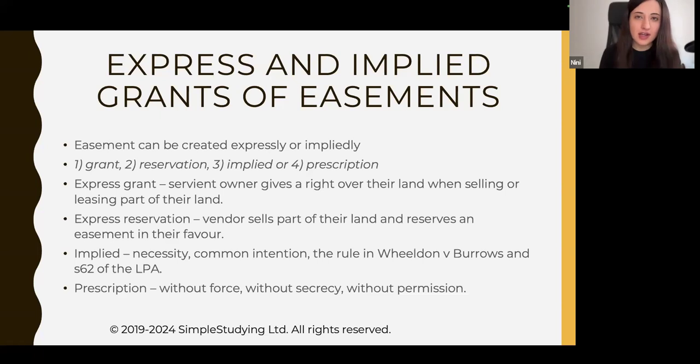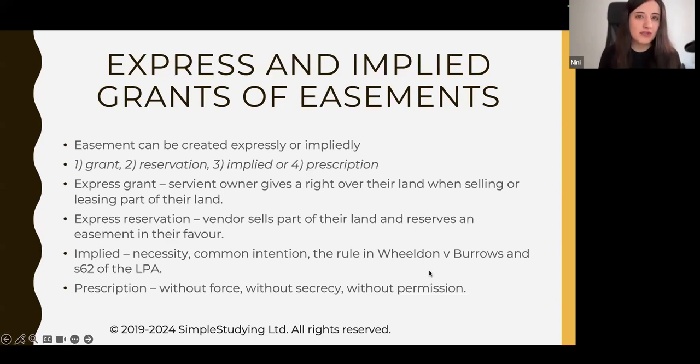But in another case, no, it has to be really, really crucial. Otherwise, the land would become worthless. Only in that kind of circumstance can you claim necessity. Common intention is self-explanatory, when two people intend to grant an easement.